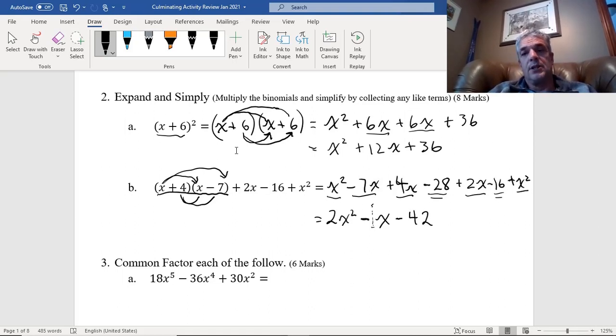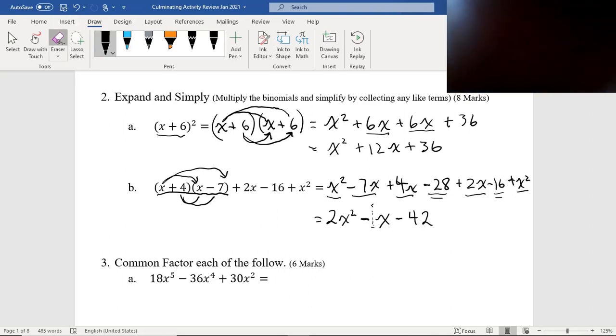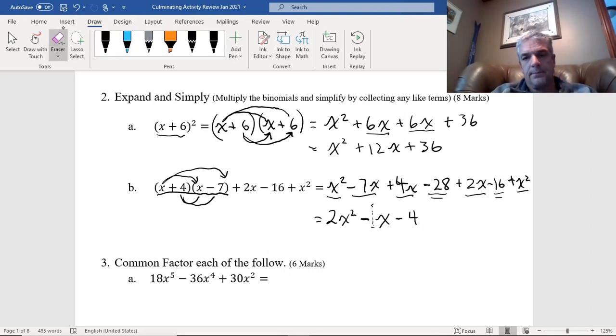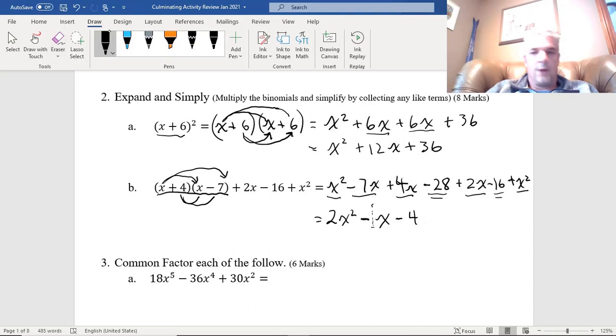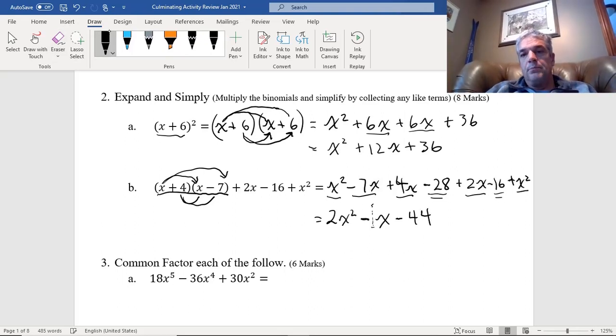Oh, sorry, I apologize, minus 44. Minus 44. Okay, caught my mistake there right away. So off we go. And that is the final answer now for this. Whether you put the 1 in there or not is irrelevant.